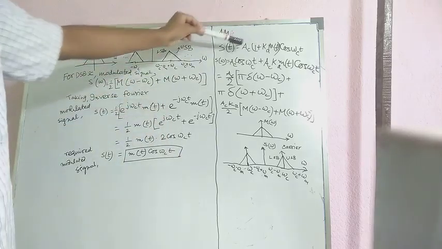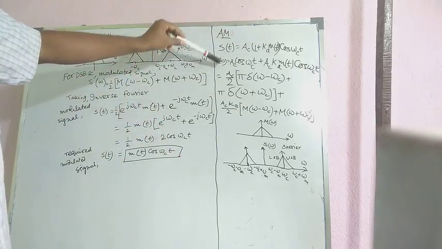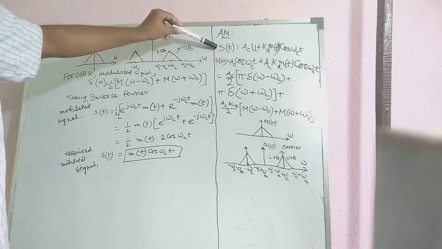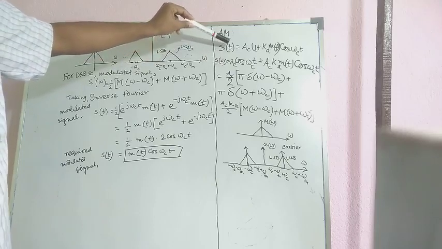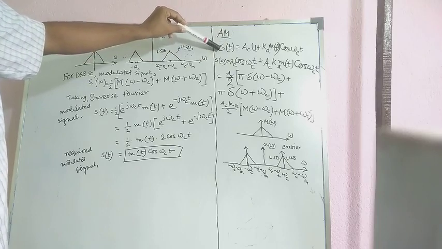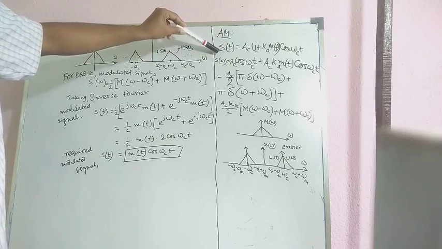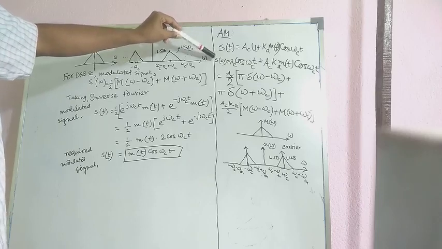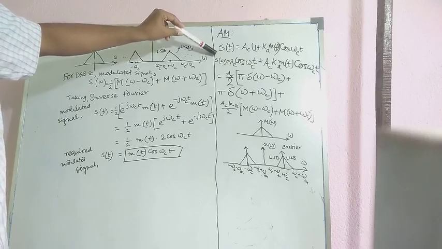And we got the expression of the amplitude modulated signal in the time domain as written by s(t), and after taking the Fourier transformation, we got the expression of the modulated signal in the frequency domain.